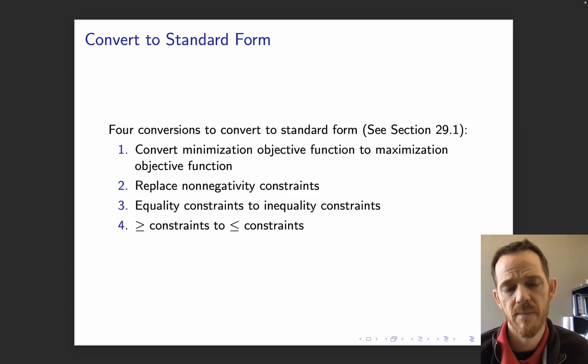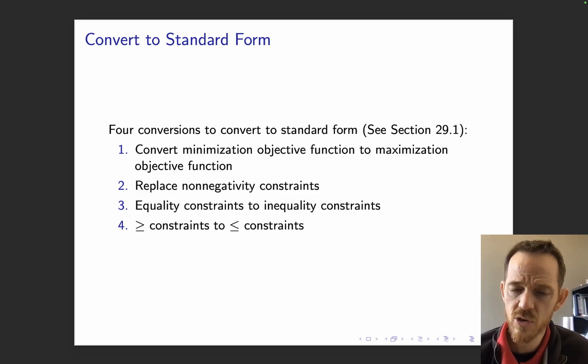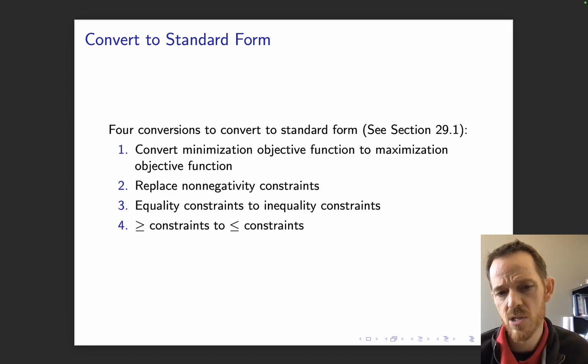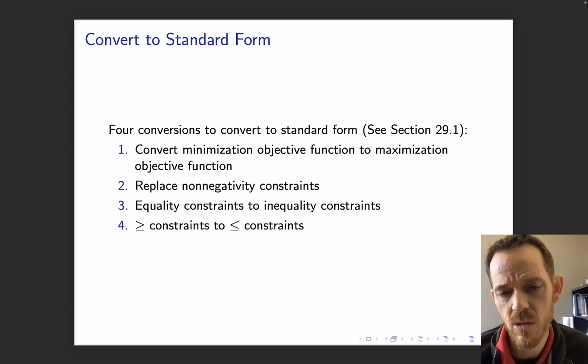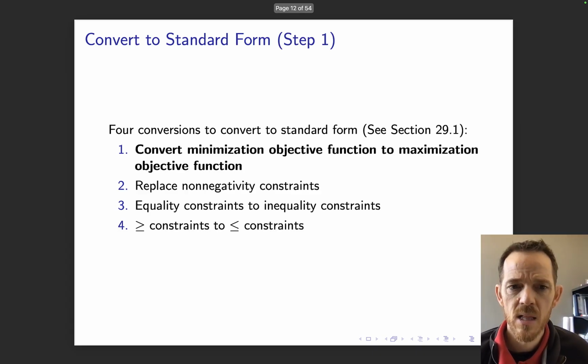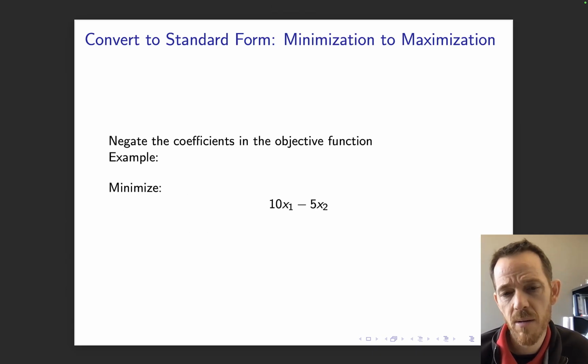Third, we're going to convert equality constraints to inequality constraints, and lastly, all greater than or equal to inequalities to less than or equal to inequalities. So step one, if we actually have a minimization objective function, that's easy. We can just do the opposite and maximize the negative of that by negating all of the coefficients.